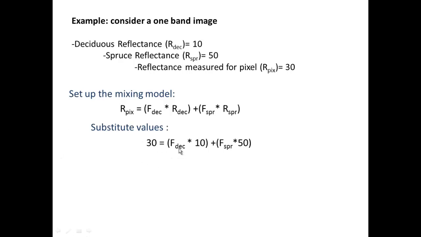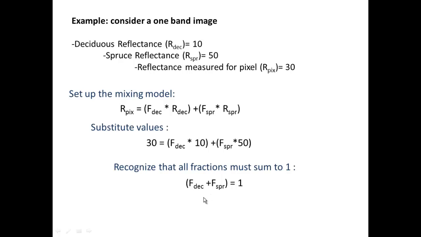Now keep in mind, we're in a situation where we'd like to solve for these fractions. That's our goal. But right now we have two unknowns and only one equation. So we need an additional equation to try to constrain this problem. I'll bring in this second equation, and this is called a unit sum constraint.